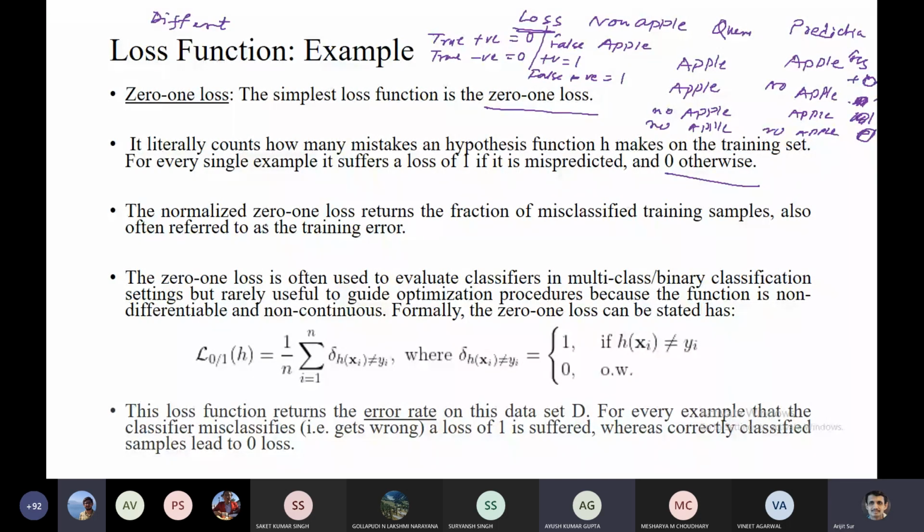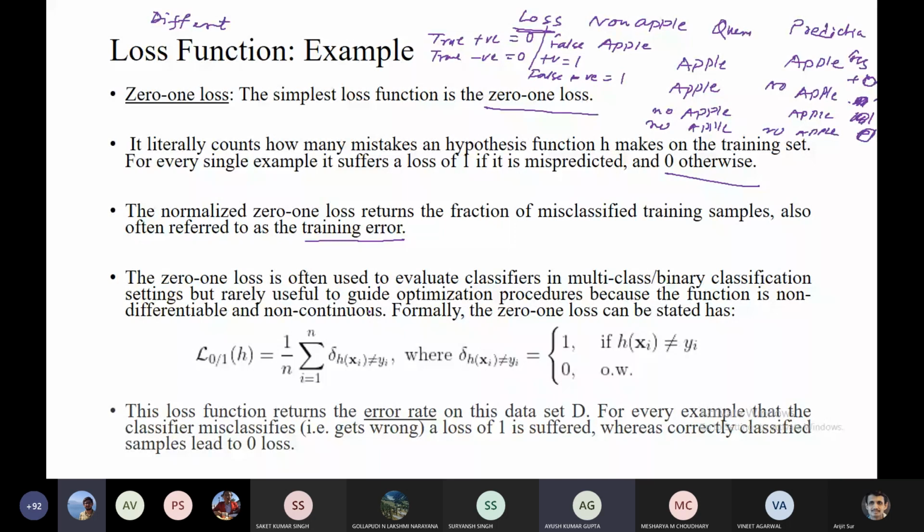The normalized 0-1 loss returns the fraction of misclassified training samples, also often referred to as the training error. Okay? So you can easily understand. The 0-1 loss is often used to evaluate classifiers in multi-class and binary classification settings, but is rarely useful for guiding optimization procedures because the function is non-differentiable and non-continuous. Definitely you can understand it's a discrete function. Formally, the 0-1 loss can be stated in this way. That's what I actually said.